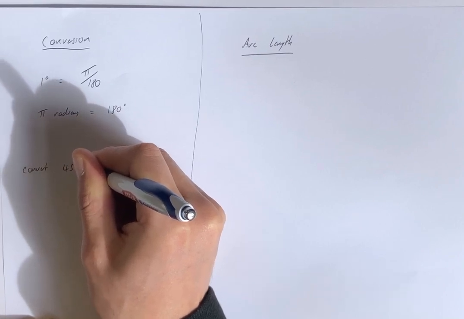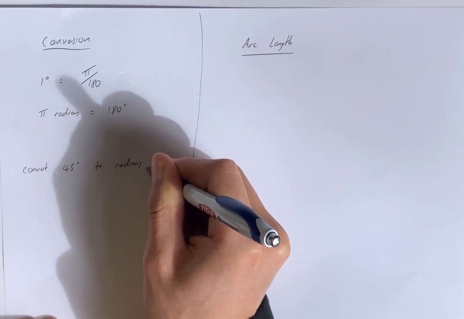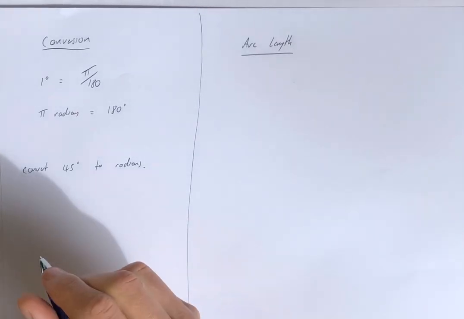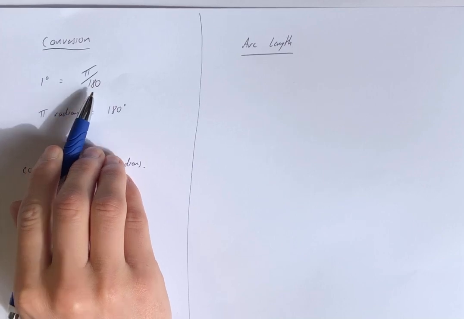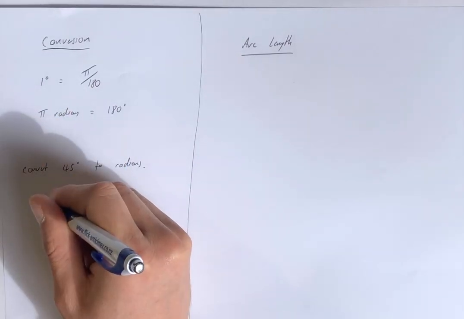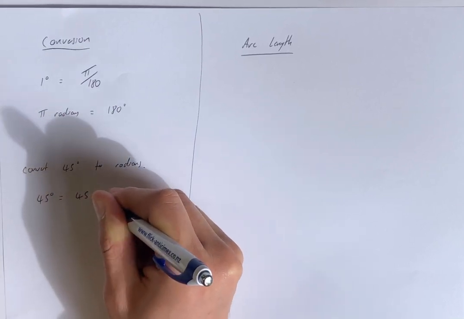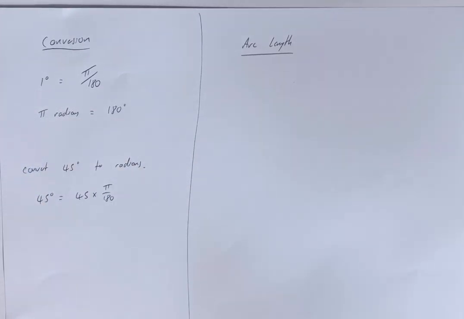45 degrees to radians. Well, you guys should pause and give that a go, but we did discuss it before. We could just go, for every one of these degrees, we have pi over 180. So we could just say that 45 degrees is 45 lots of pi over 180.